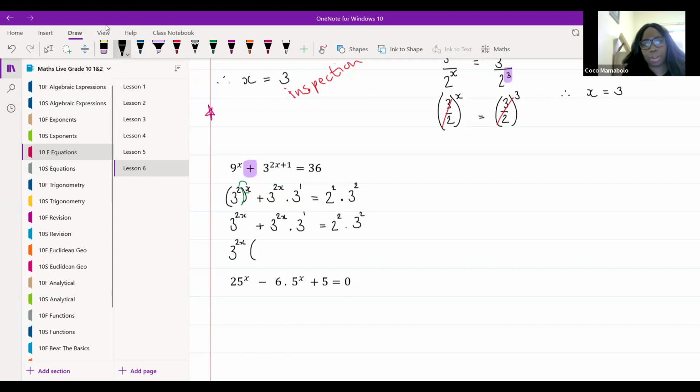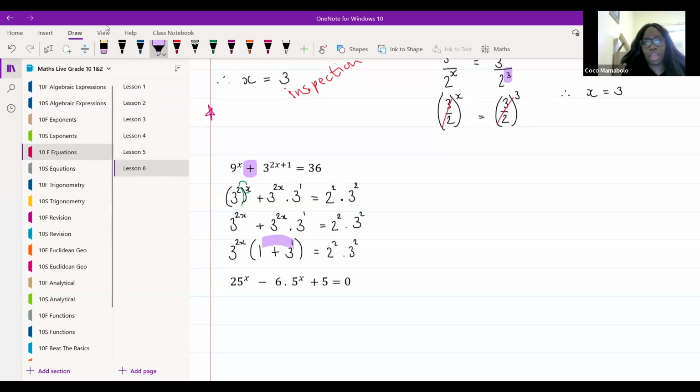If I take 3 to the power of 2x, what do I have left? 1 plus 3 to the power of 1. Good. 3 to the power of 1 is equal to 2 squared times 3 to the power of 2. What would 1 plus 3 to the power of 1 give us? How much in this bracket? 4. We would get 4, right?